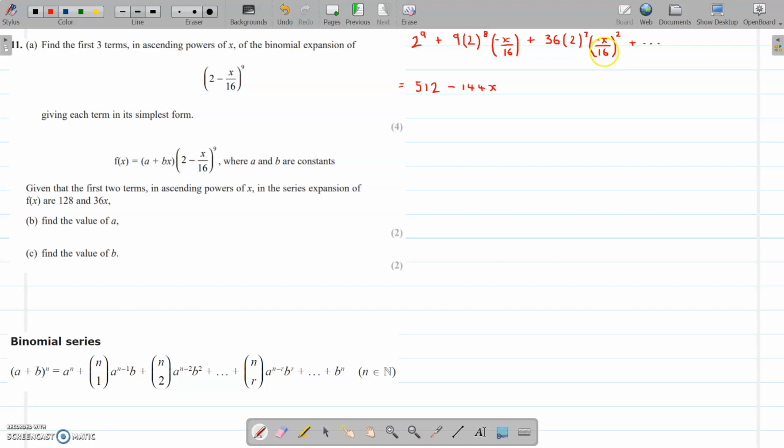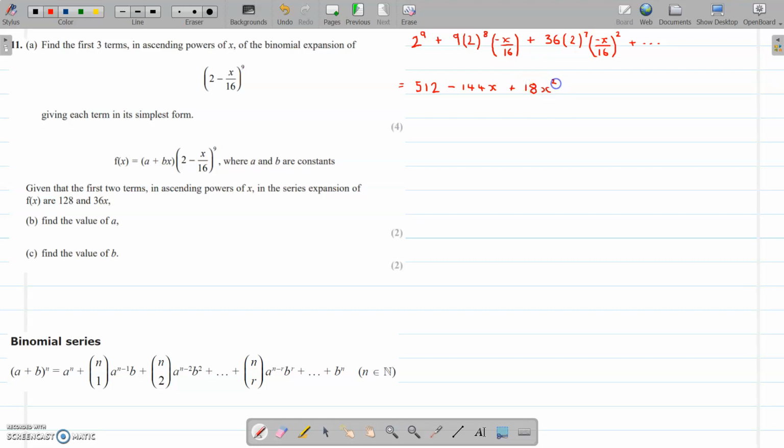Well, 16 squared is 256, 2 to the 7 is 128. So that's 128 over 256, which is a half. Half of 36 is 18. It's positive because it's x squared. So it's plus 18x squared.